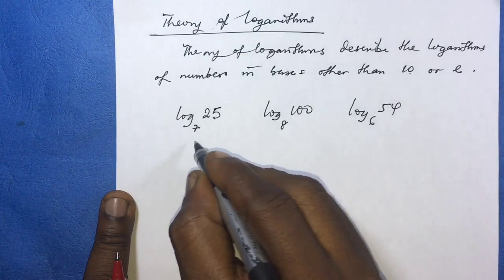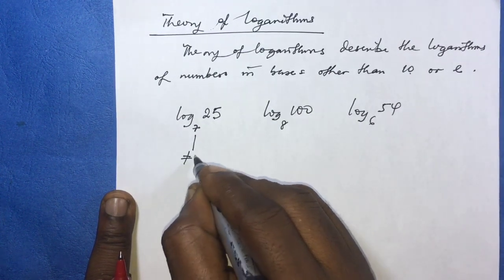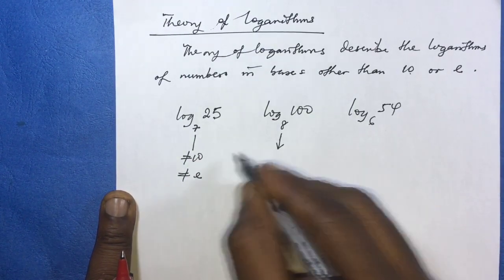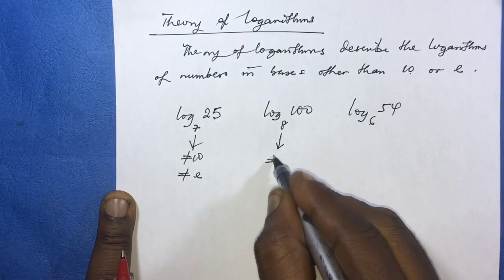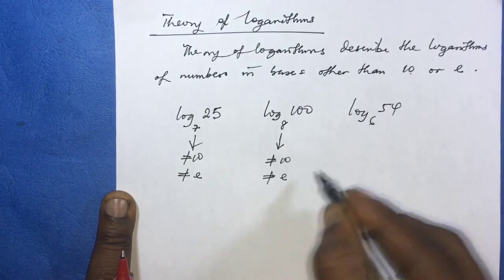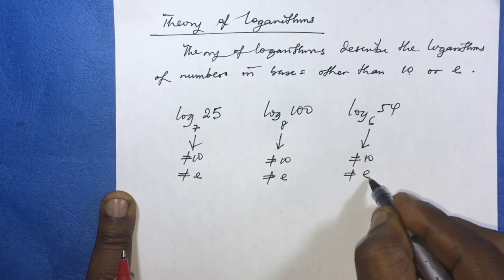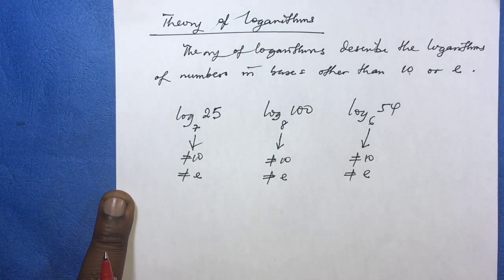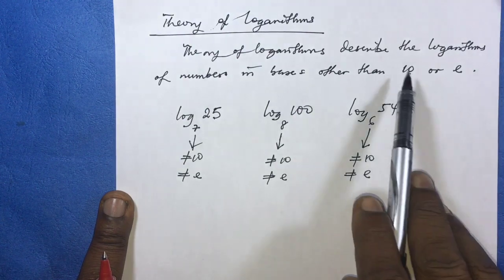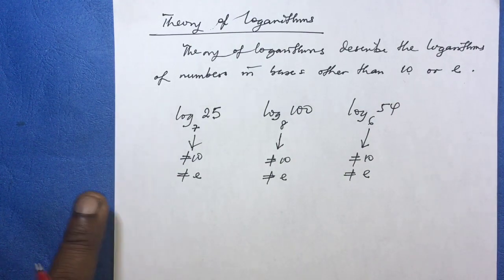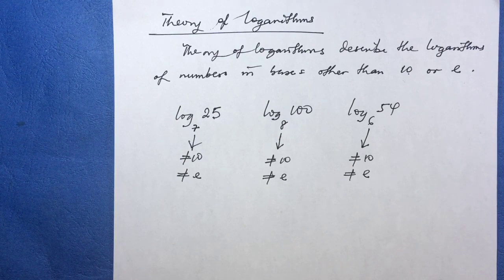Why? This base is not equal to 10 and it is not equal to e. So when you describe the logarithm of a number in a base other than 10 or e, the exponential, then you are discussing the theory of logarithms.